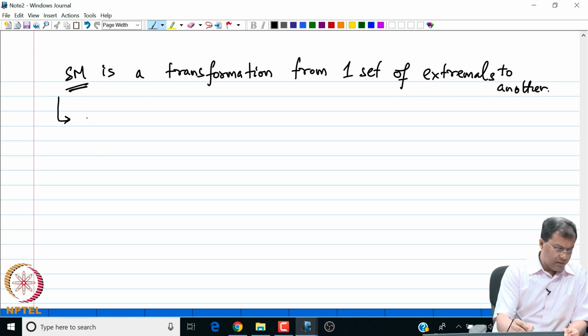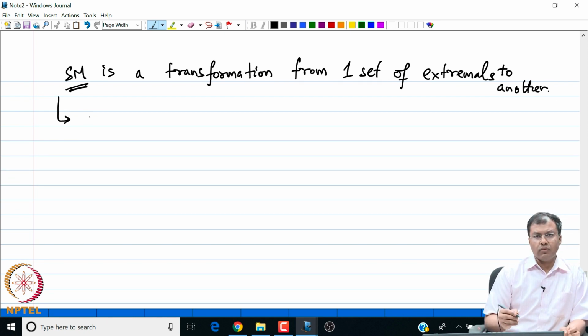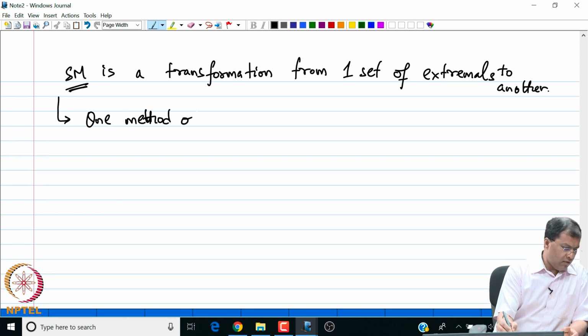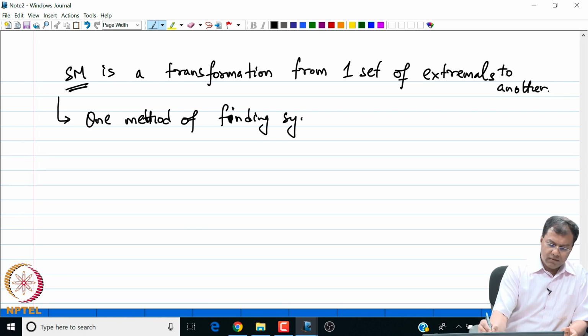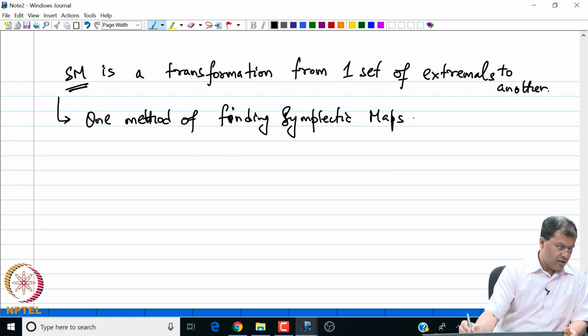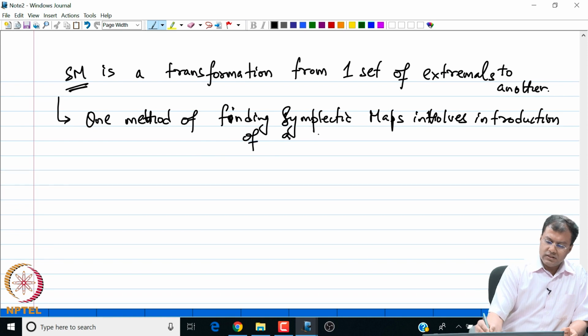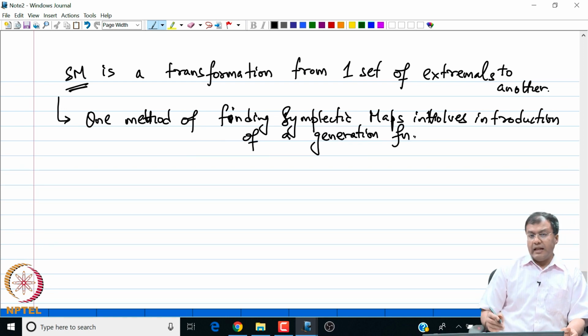One way of finding the symplectic maps involves the introduction of the so-called generating function, right, and we will see what those are.